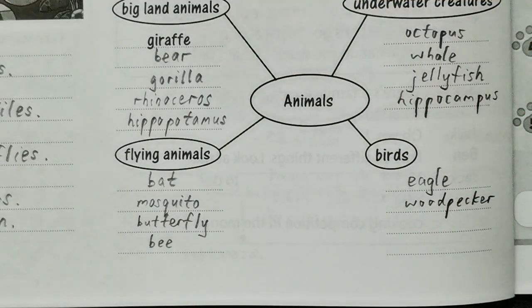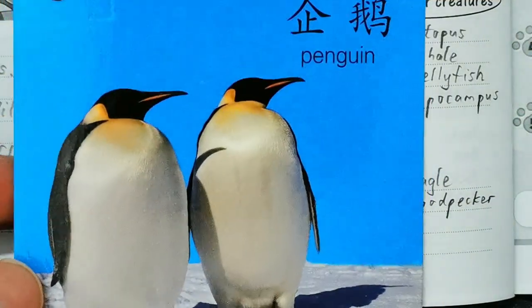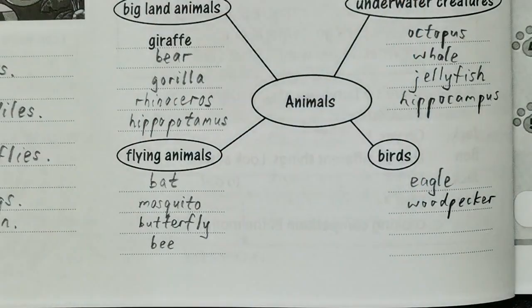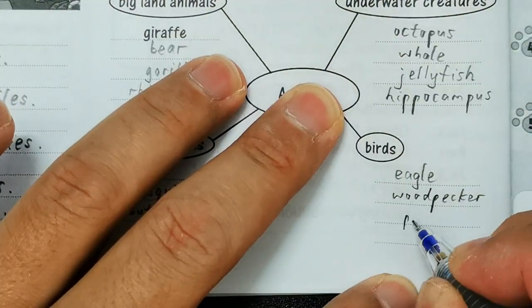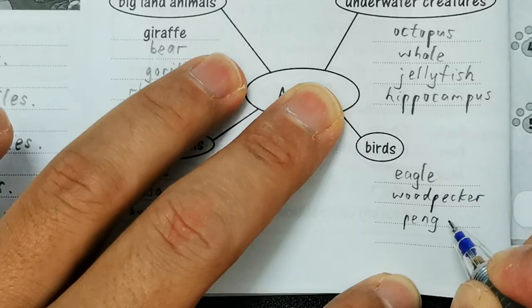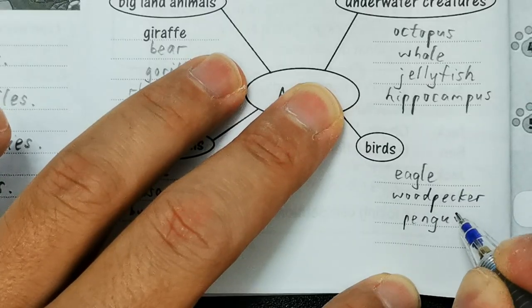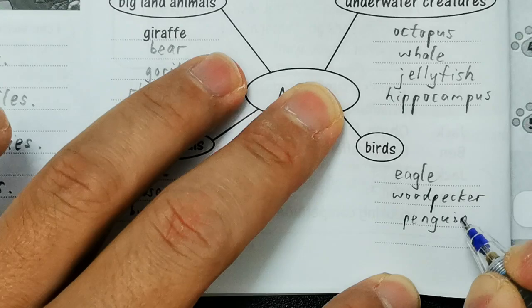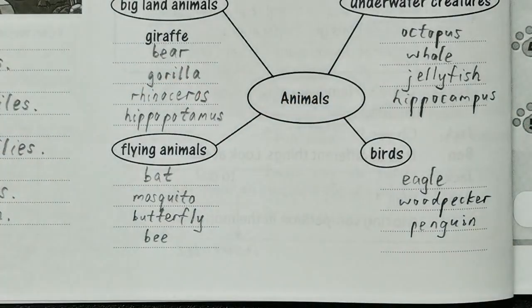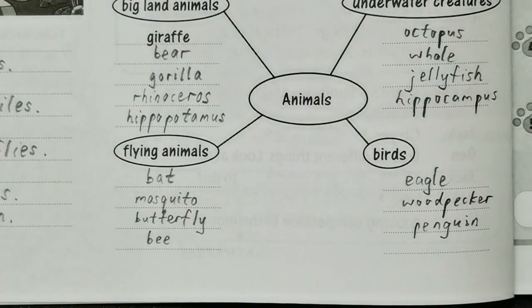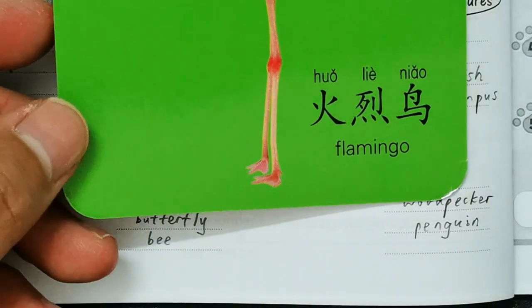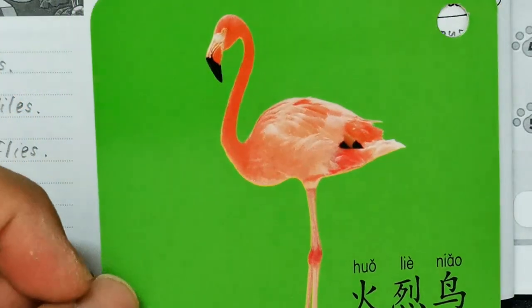And then we have this cute animal, penguin. So penguin. So this is I, penguin. And then we have this pink color animal, flamingo.